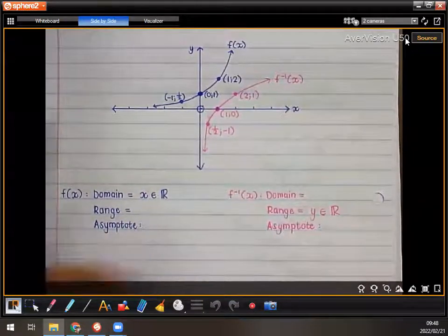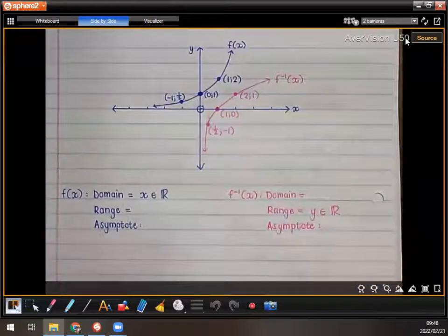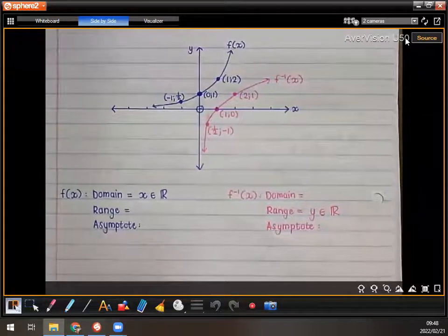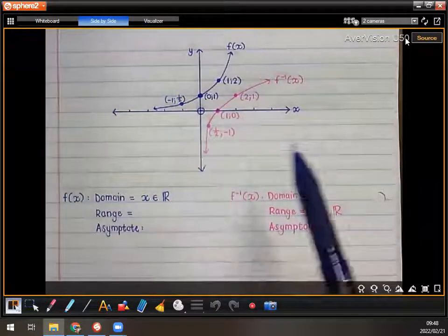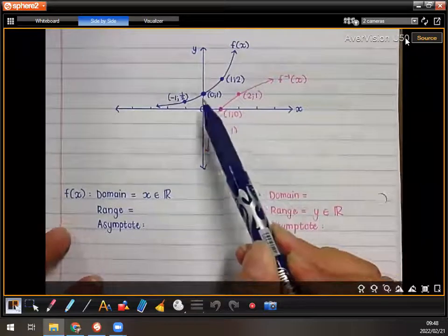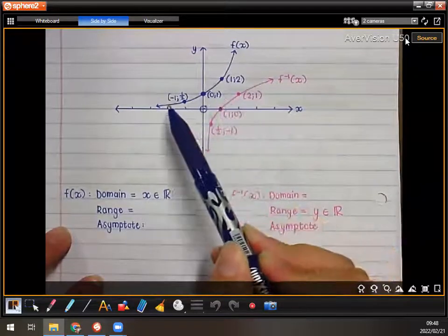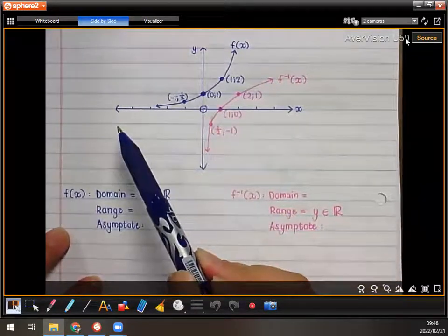Okay, for the range here, the blue graph, the original graph, what is the range? Now we're looking for all the y values. What do you think? Yeah. All right, guys, remember that this is an asymptote. Is this graph either going to touch or go through this asymptote?